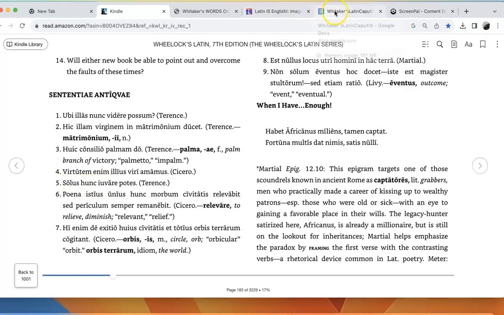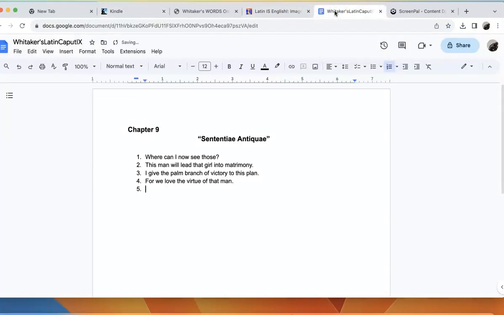So let me write that down and then I will explain it. You alone are able. So Latin just has two words for that. Latin has solus potes. So solus potes, you alone are able to help juvare, and then him.